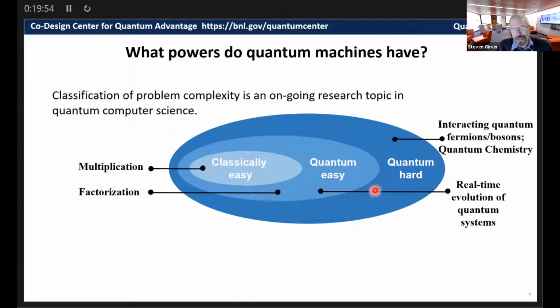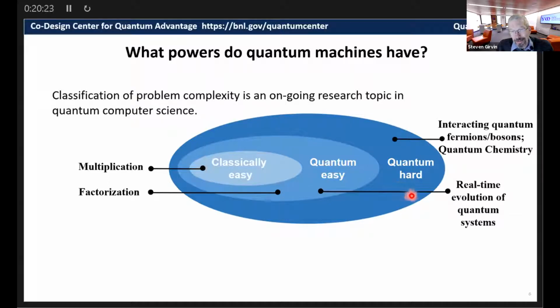Also, if I give you a quantum state, say the wave function for the electrons in an atom, and I give you the Hamiltonian, the energy, you can evolve that forward in time on a quantum computer very, very efficiently. Many people loosely say, oh, you can solve all kinds of quantum problems with a quantum computer because it uses quantum.